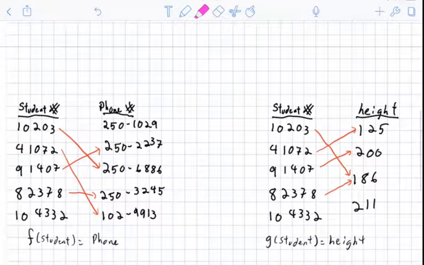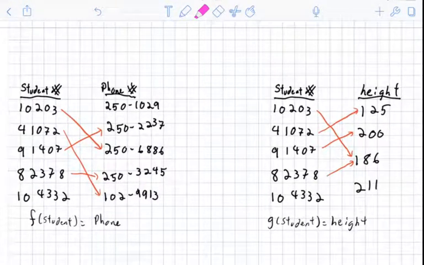I've just recopied the diagrams. They're kind of gross. So somebody gives us two diagrams like this. Here are two different functions. Which one of these has an inverse? Does one of them have an inverse and the other not? Well, the short answer is this one doesn't have an inverse. Why? I mean, we just argued that it didn't. But it doesn't have an inverse because there are two inputs that lead to the same output.